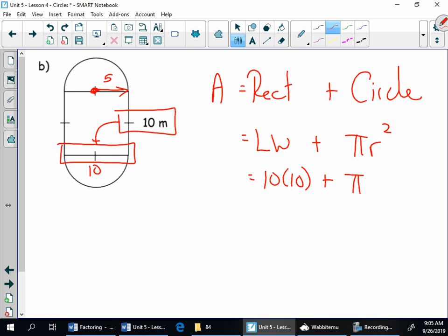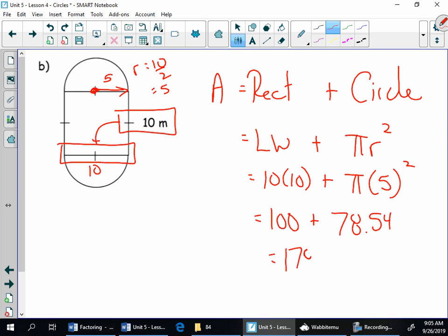So the center out has to be 5, right? Radius is 10 divided by 2. So it's 5. Okay, 2 separate things. 10 times 10 is 100. Pi times 5 squared, 78.54. And add them together afterwards, we get 178.54, and this is meters squared.